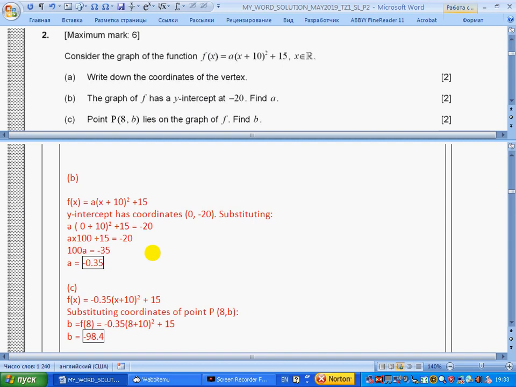Now we know a, and point P with coordinates (8, b) lies on the graph. So now we have the whole function, and we insert x equal to 8 and find b. So this question is done.